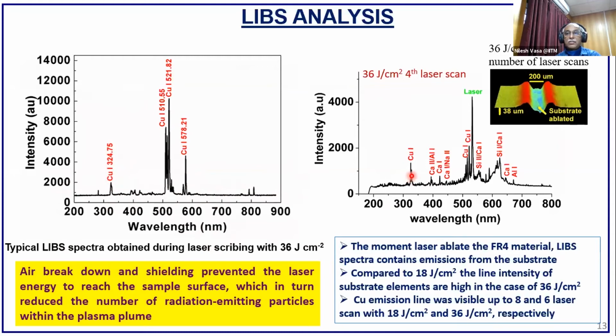And when we reach the point where we end up in the substrate, we could see that aluminum, calcium, silicon, all those substrate related optical emission lines were captured along with the copper emission. However, the copper intensity had reduced significantly from the optical emissions with the copper film, and so that was the first part.